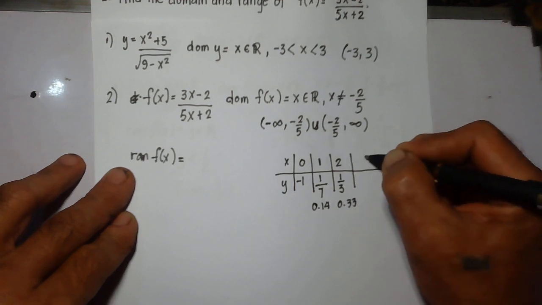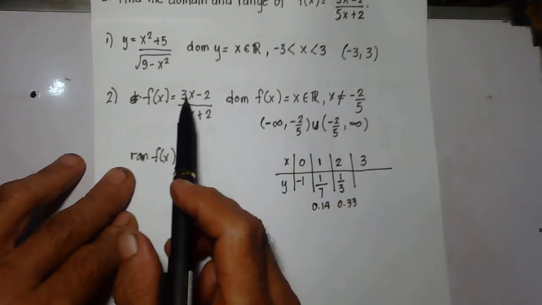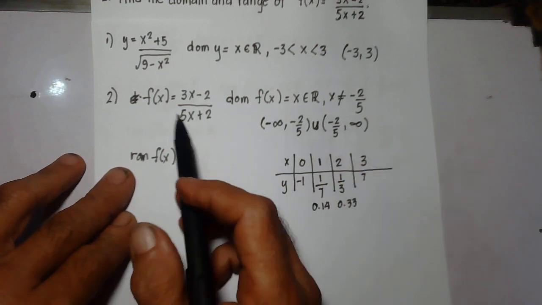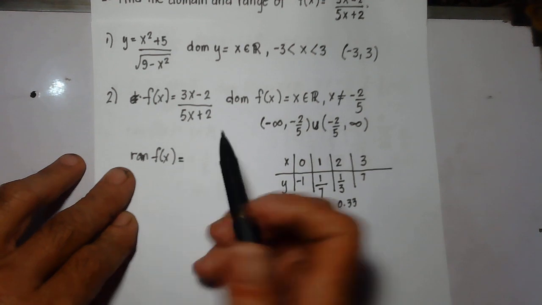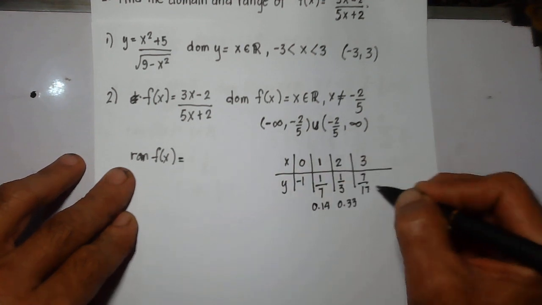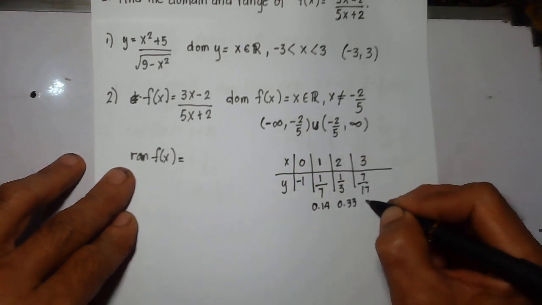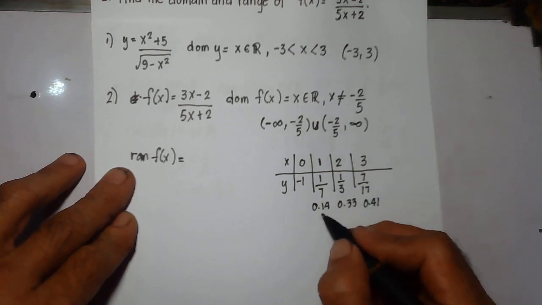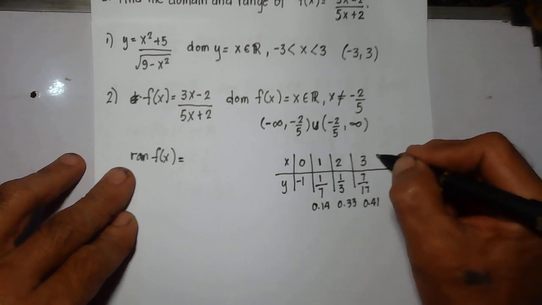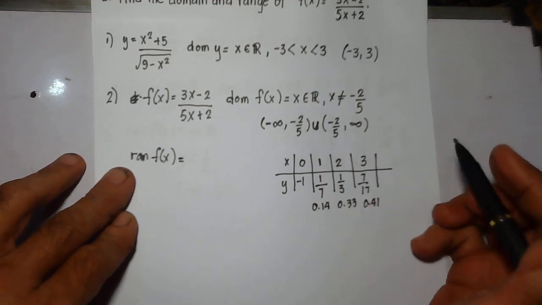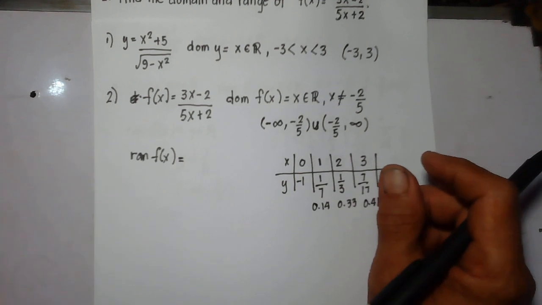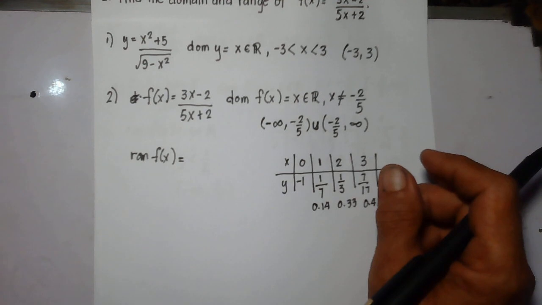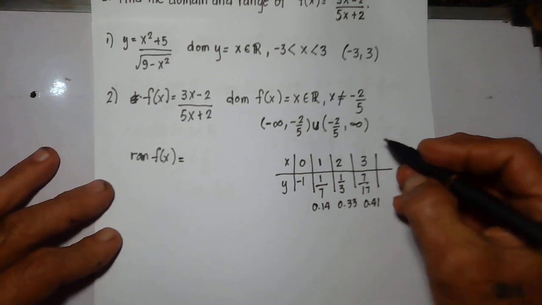Now, if we assign 3 for x, we have 3 times 3, 9, minus 2, we have 7 for the numerator. And then 5 times 3 is 15 plus 2, we have 17 for the denominator. And its decimal value is closer to 0.41. Class, these are all continuous decimal values, or repeating, or never-ending decimal places.